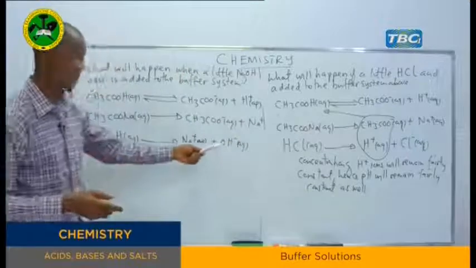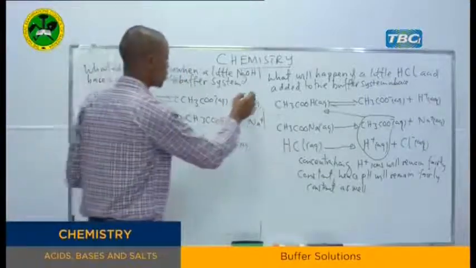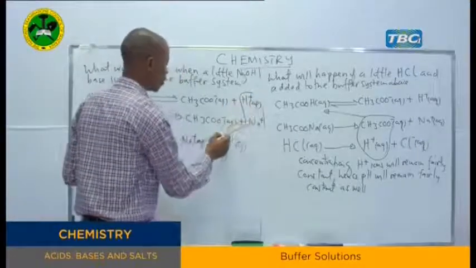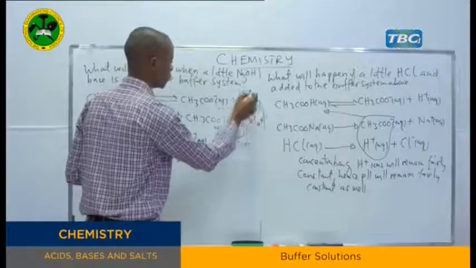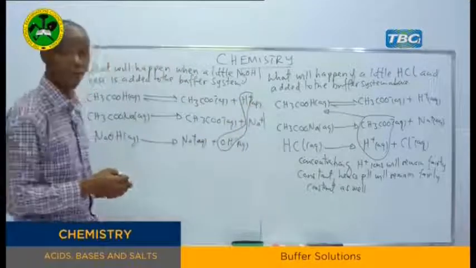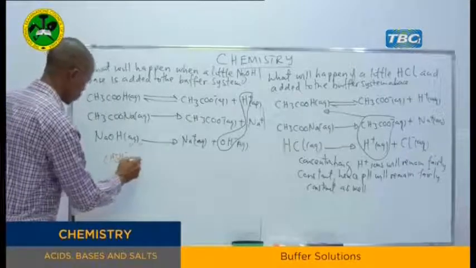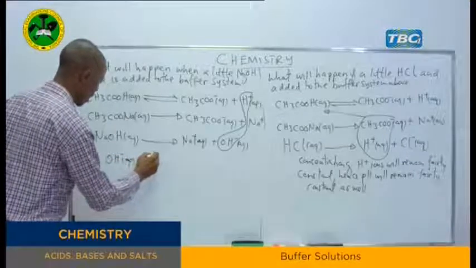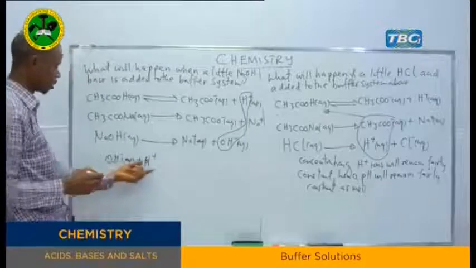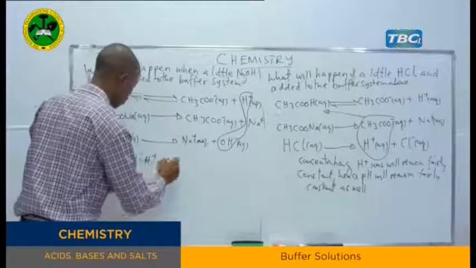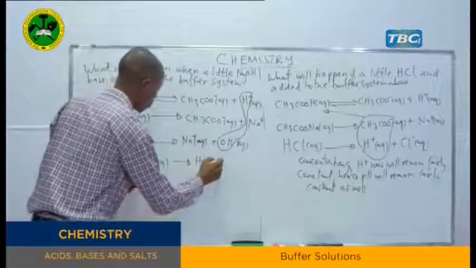Now, the hydroxide ion in the solution will combine with this hydrogen ion. When they combine, they will form water. So hydroxyl ion and hydrogen ion will combine together. This one will form water.